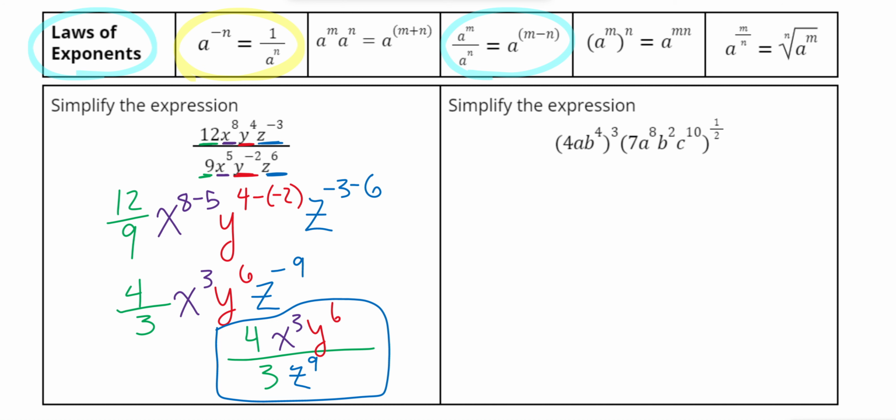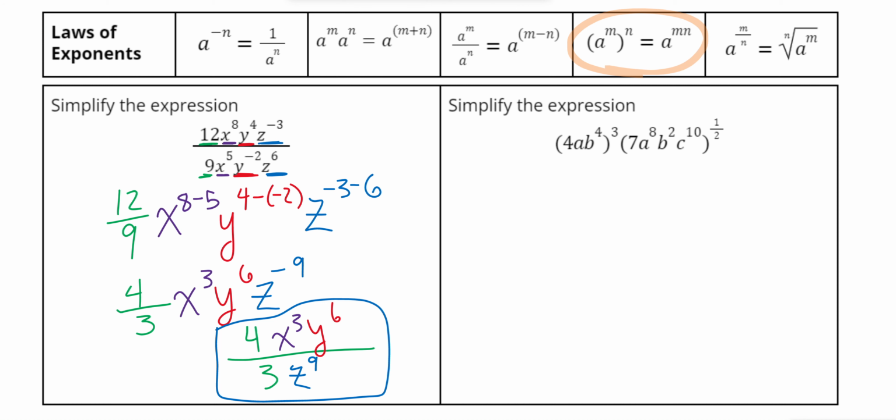Now the same thing with the term on the right, but this time everything in the parentheses is being taken to the 1/2 power. 7 to the 1/2 power. a to the, it was 8, that's 8 times 1/2.